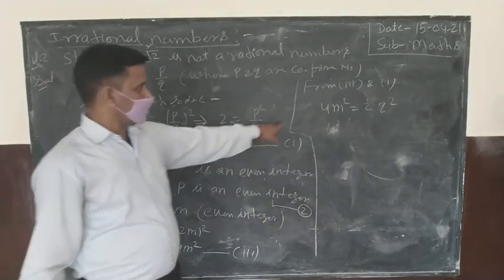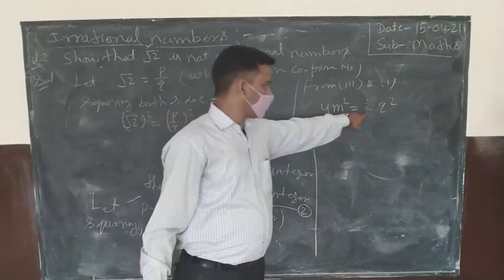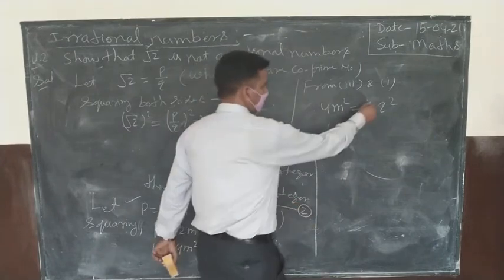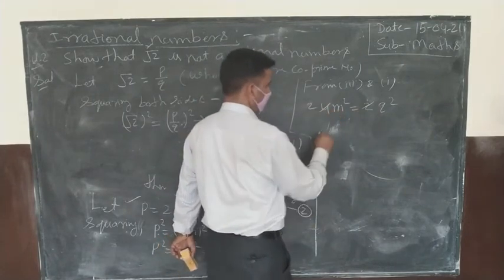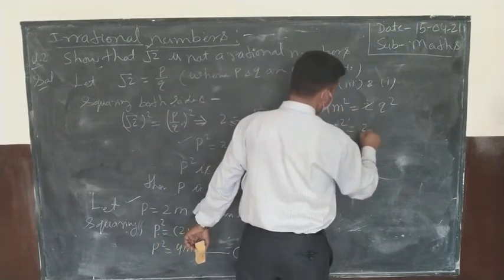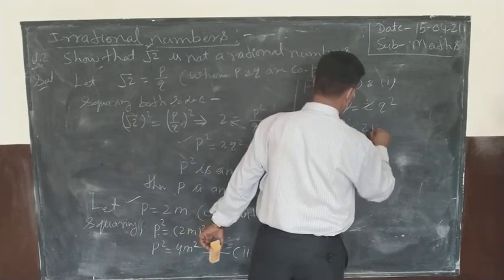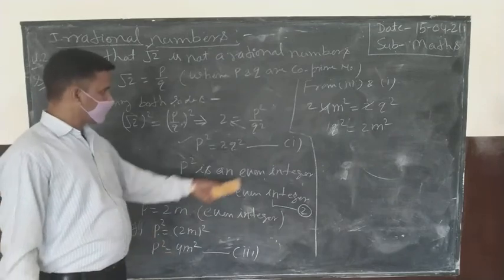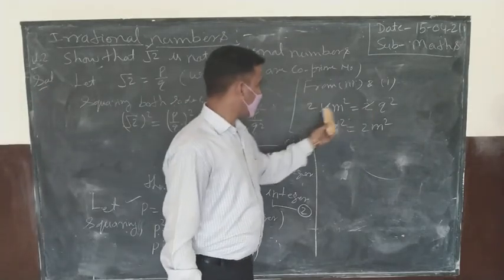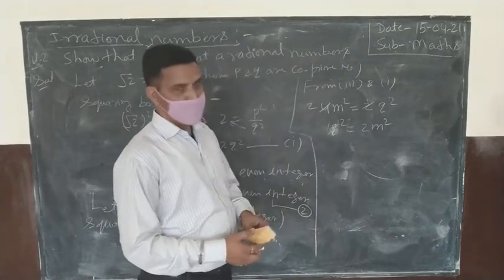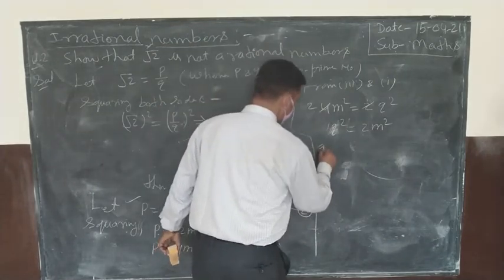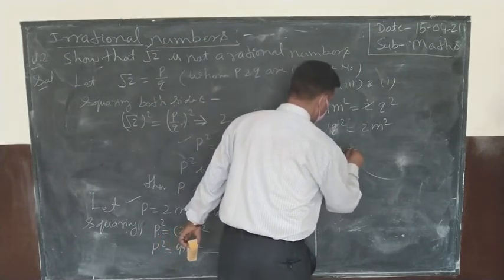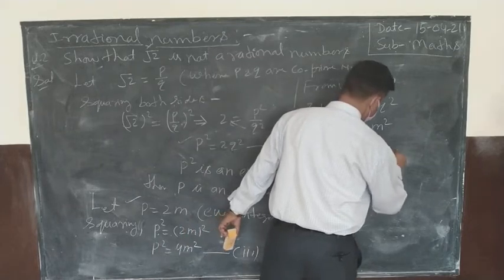Clear now? Then there is cancellation here, 2 into 4. So Q square equal to 2n square. What is the value of Q square here? 2n square. Same thing: Q square is an even integer.